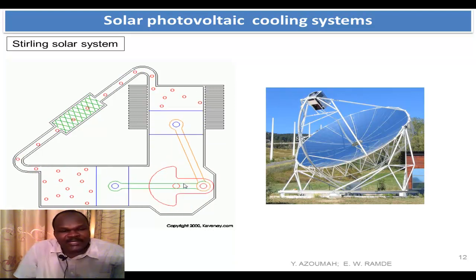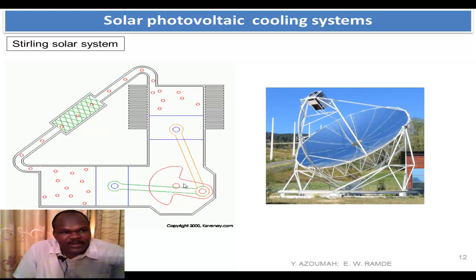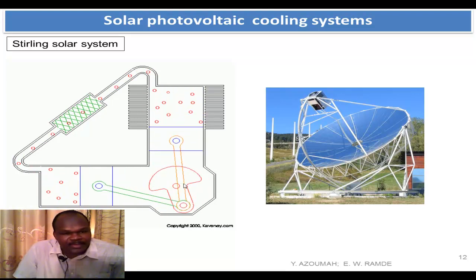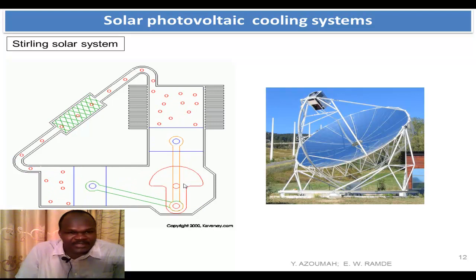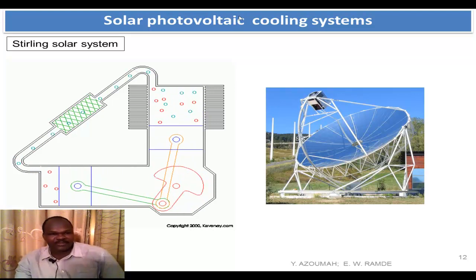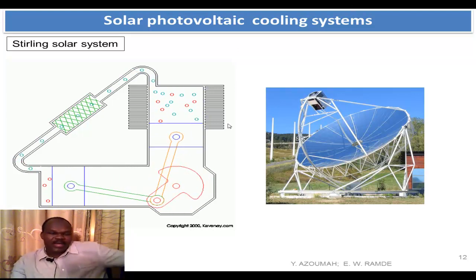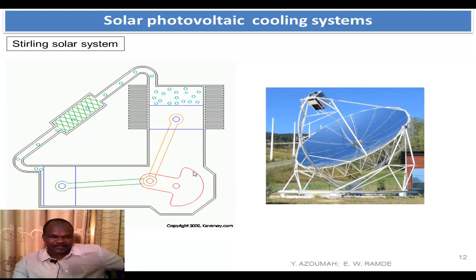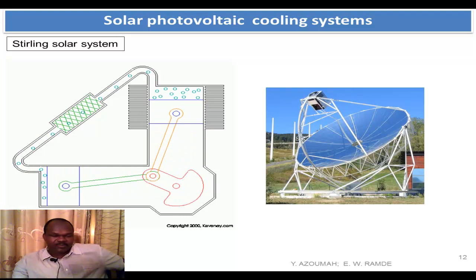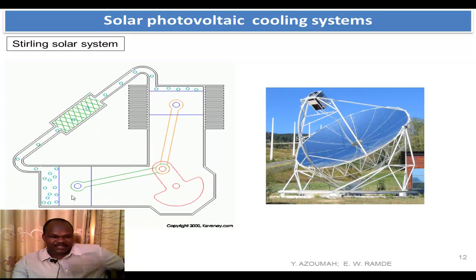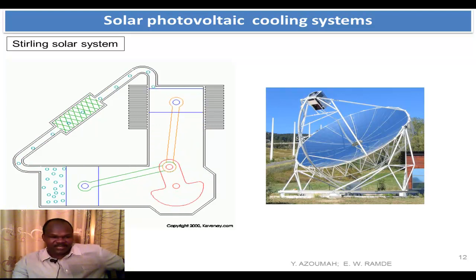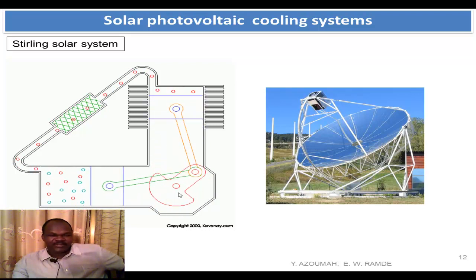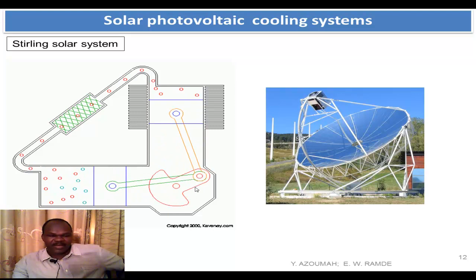We are not going to generate electricity when we are talking about the Stirling solar system using solar photovoltaics. Remember that the title is solar photovoltaic cooling. We are going simply to reverse this trend. Instead of giving out the heat, we suppress the heat, and then we create the movement of the shaft by using a motor, and the motor is being powered by a solar PV.